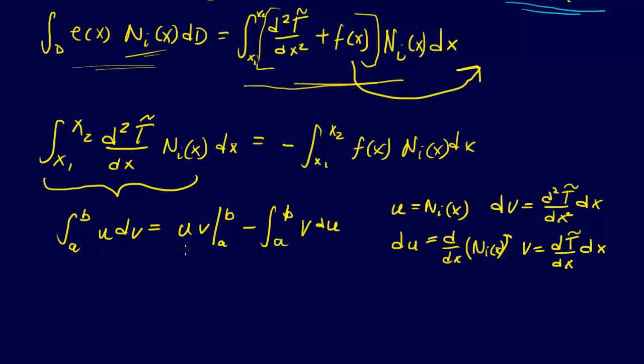So when we plug that into this formula, we don't need to represent the left-hand side, because that's what we already have here. We just have a new right-hand side.